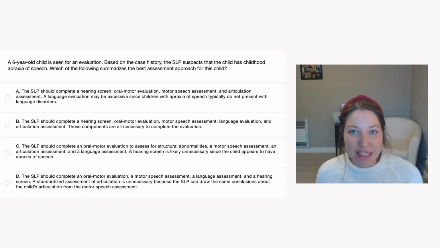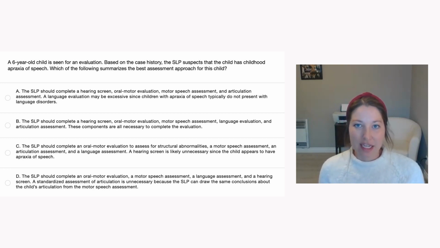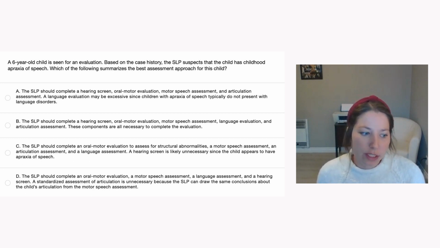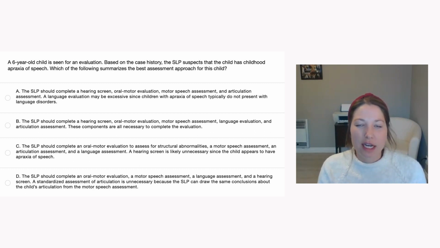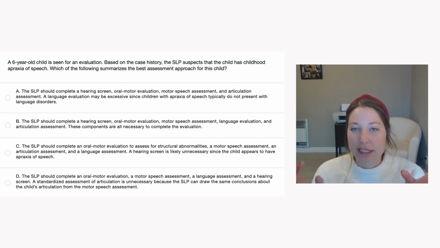They're all very different assessments, but sometimes in our practice, depending on who your supervisor is or your setting, your facility, they may use those names interchangeably, even though they mean very different things. It's not often that happens, but I've worked at facilities where an oral motor exam also includes information about a cranial nerve exam, but we don't call it a cranial nerve exam. We just list out the components under the header oral motor exam.